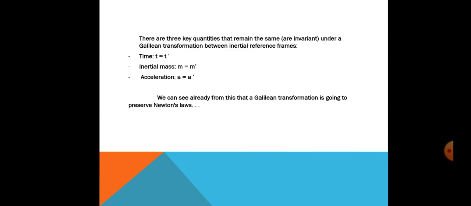Then there are three key quantities that remain the same, that are invariant under Galilean transformation between inertial reference frames. Time is constant in frame 1 and frame 2. Similarly, mass is also constant from frame 1 to frame 2, and acceleration is also constant from frame 1 to frame 2. We can see already from that the Galilean transformation is going to preserve Newton's laws.